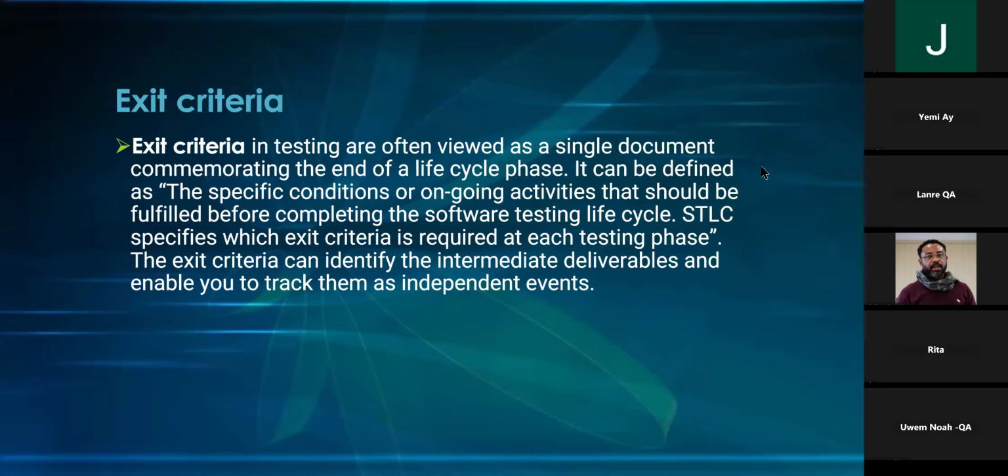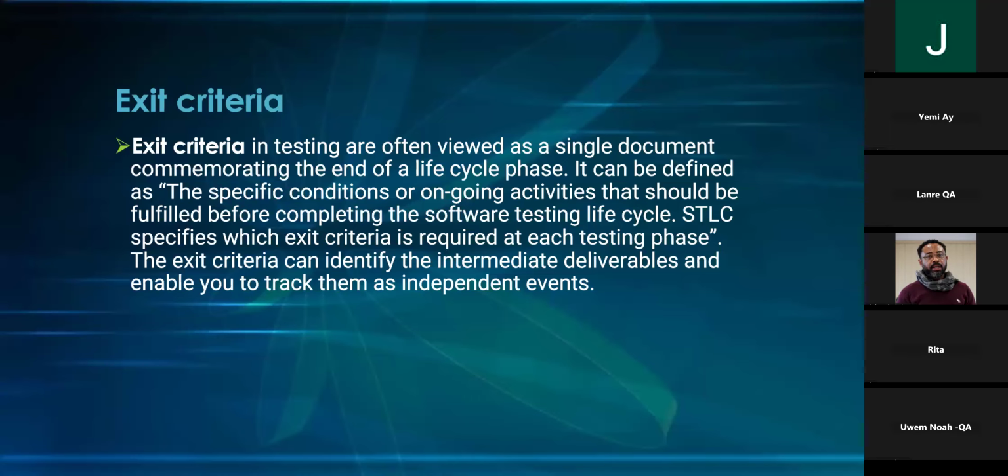I'm going to still talk about software, which is another interesting topic on its own. Specifics: which exit criteria is required at each testing phase. The exit criteria can identify the intermediate deliverables and enable you to track them as independent events.